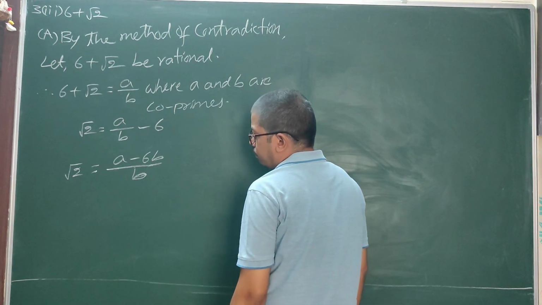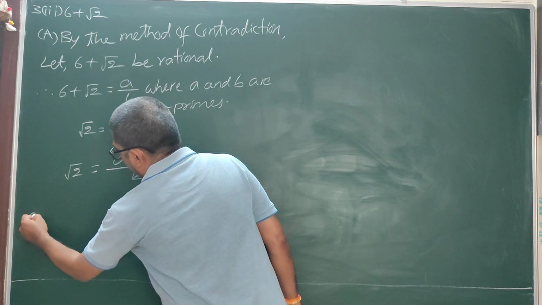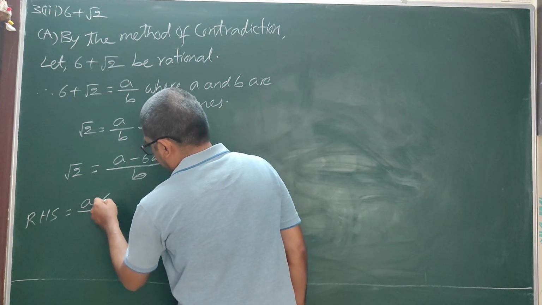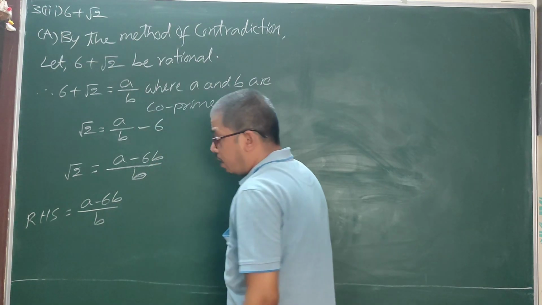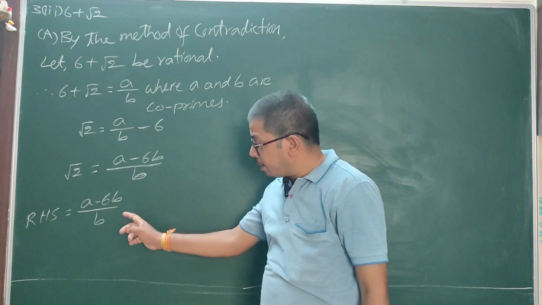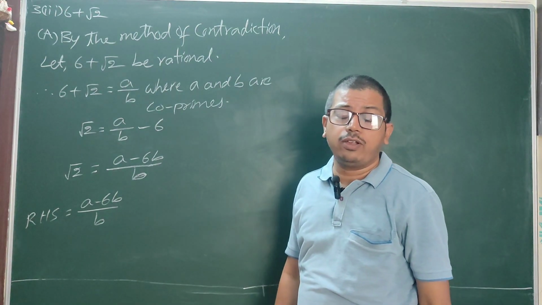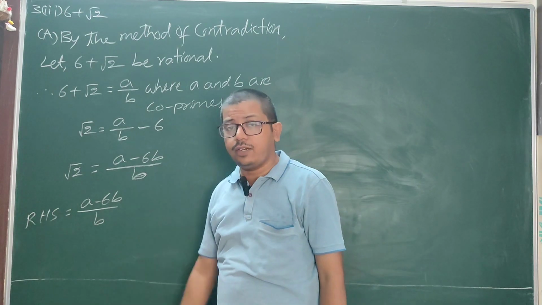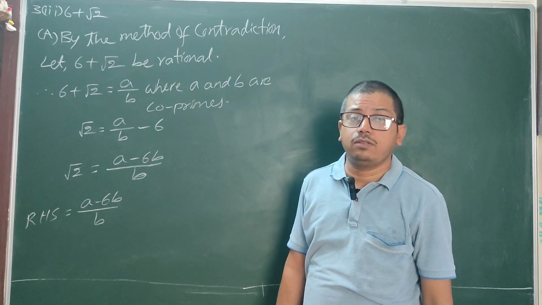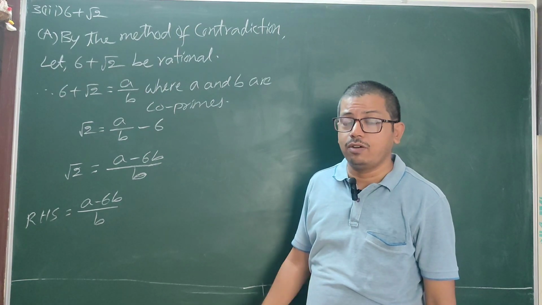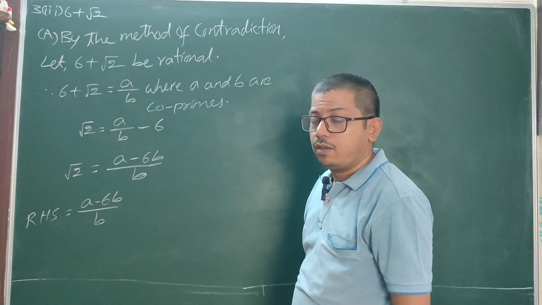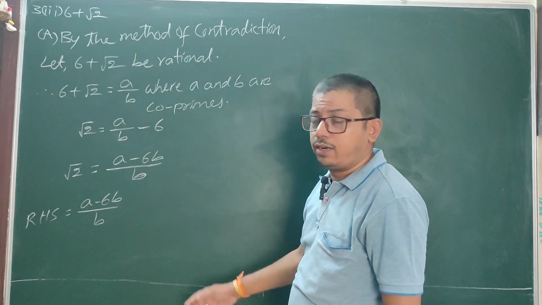So here, the RHS part is a minus 6b by b, and of course if you are able to write this entire thing again, you write. If you think you get confused, you just write RHS and LHS. It makes no problem, but you have to use the correct usage of words and sentences. So it must be correct technically.